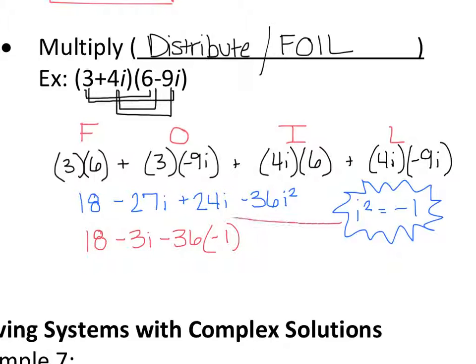I just replaced my i squared with negative 1. And so that makes it what? Positive 36. So I get 18 minus 3i plus 36. What's 18 and 36 put together? 54 minus 3i. And that is your answer.